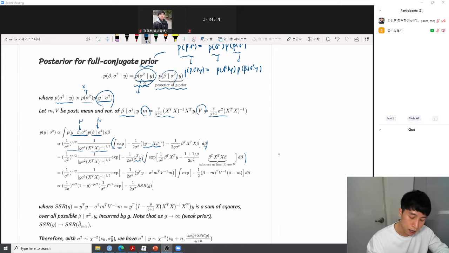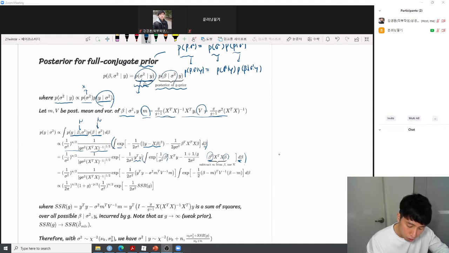And at this point, you have to notice that this term is actually a quadratic form with respect to beta, right? And if you see a quadratic form in terms of beta, and your goal is to integrate out beta, and obviously you don't want to do a vector integration by yourself, we're going to have to use the result that we already know, which is that beta follows this distribution, right?